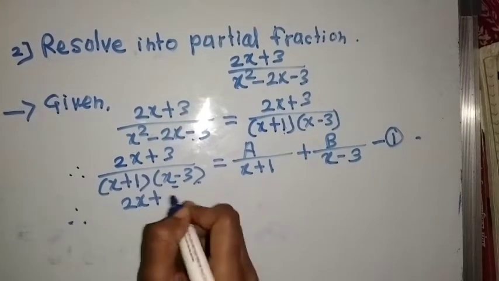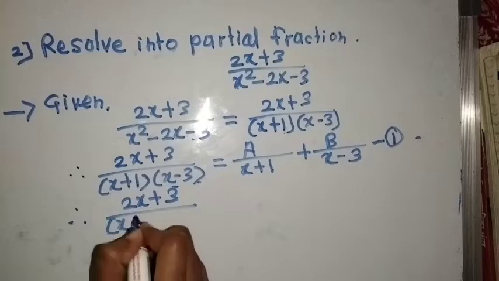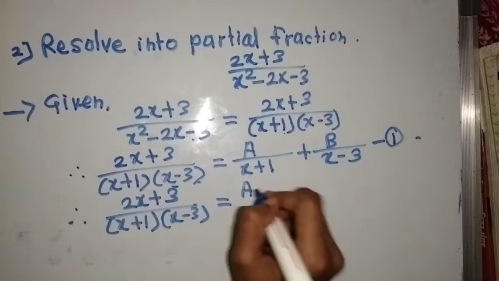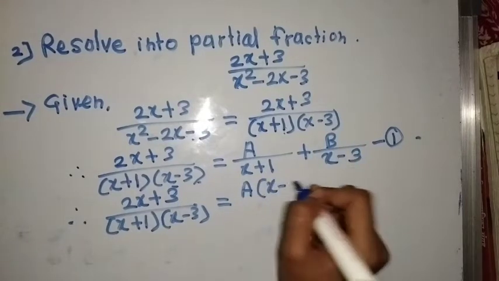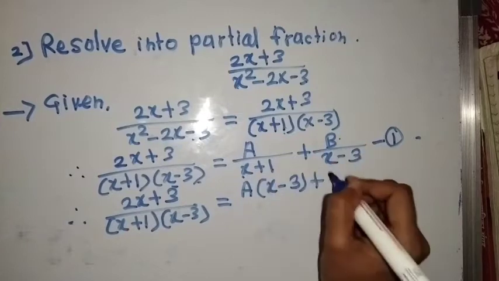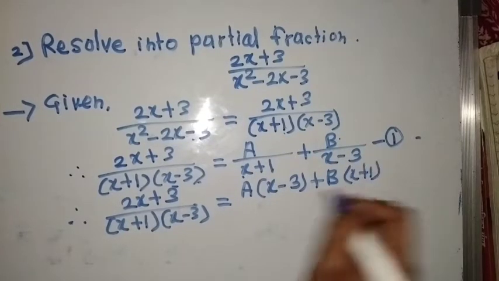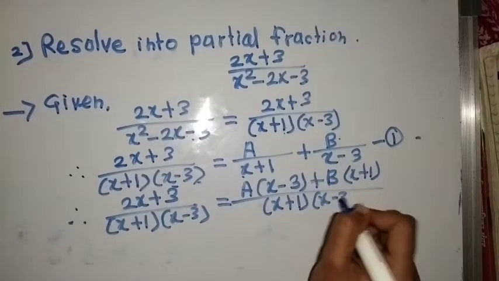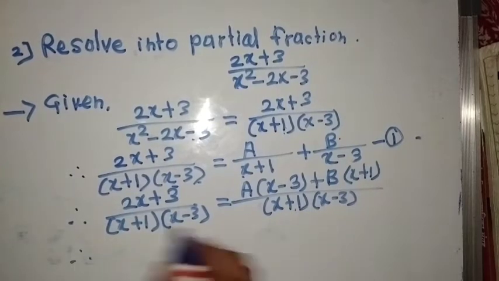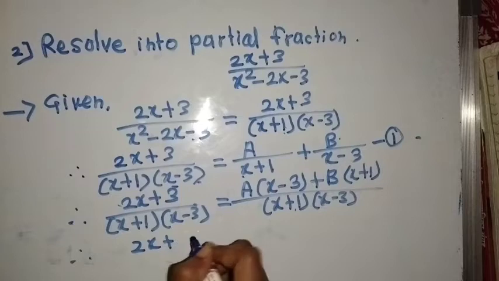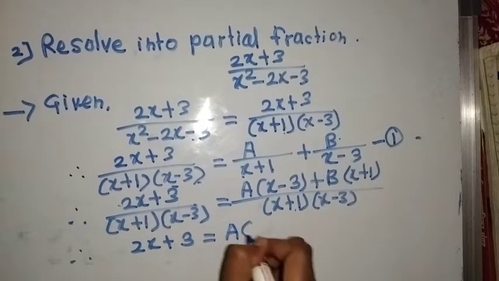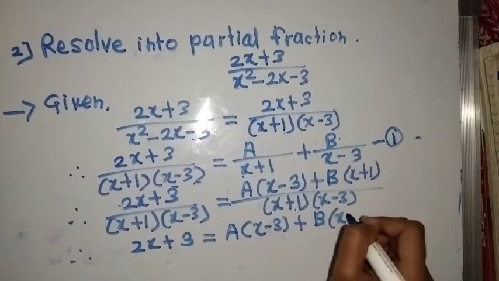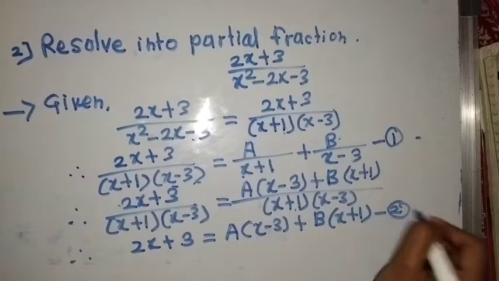Then we multiply this value: A into (x minus 3) plus B into (x plus 1) upon (x plus 1) into (x minus 3). Hence the denominators get cancelled and we get 2x plus 3 is equal to A(x minus 3) plus B(x plus 1). This is equation 2.